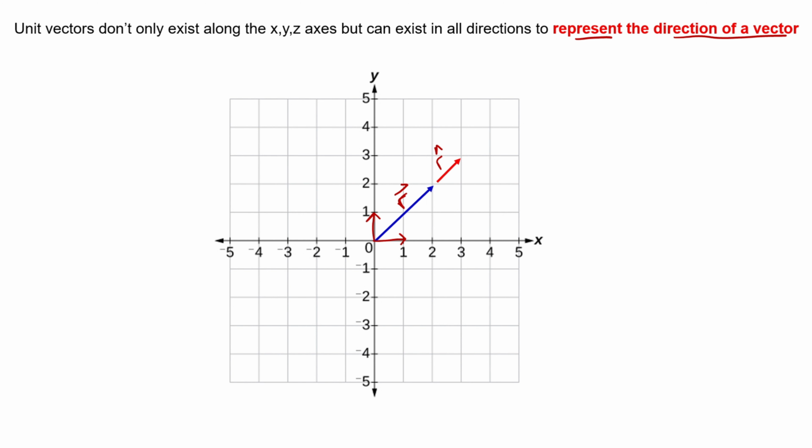You can see that the blue and the red vectors are moving in the same direction. That's why the unit vector is used to represent the direction of a vector. It's just a vector with a length of 1, and it tells you where a certain vector is headed. In this case, this red unit vector, r cap, is telling you the direction of this blue vector, r.